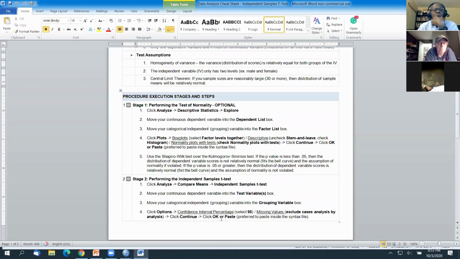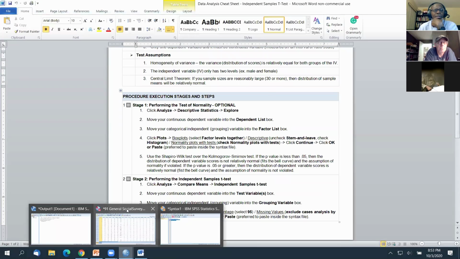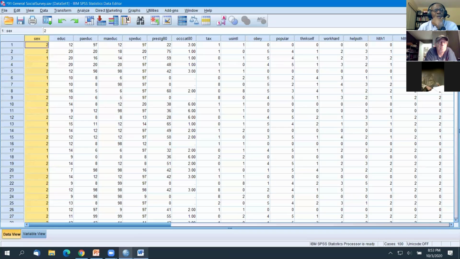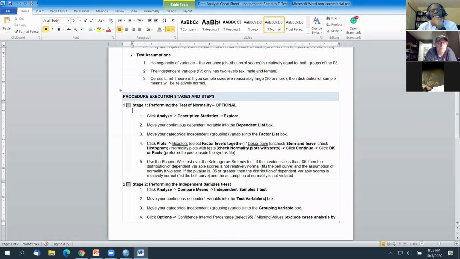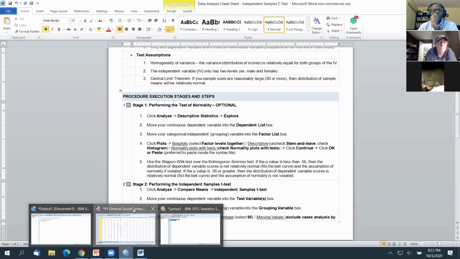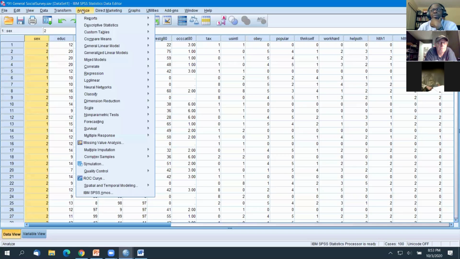Okay, so now we're going to do step one or stage one, performing the test of normality. So we open the data file and we go according to this, right? Analyze, descriptive statistics, and then down to explore.